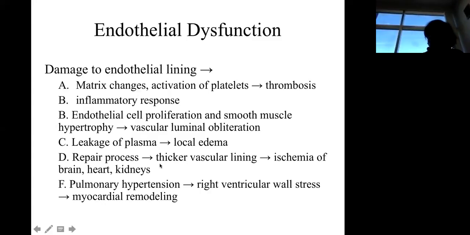Okay, the white blood cells that are in the area release agents to fix this situation and trigger the repair process, and now that adds more thickness. How? This repair process adds more fibers into the area, and that leads to more occlusion. That leads to ischemia of the tissues.